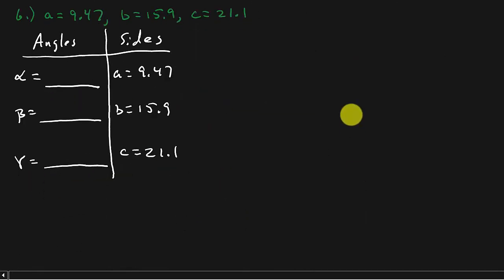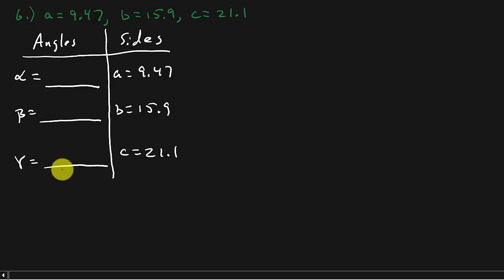Now this one, it doesn't matter. What I'll normally do is solve for the largest one first. So let's solve for gamma. Just trust me right now, and once we get gamma, I'll explain why it's okay to solve for the larger one first, because I want you to understand it.